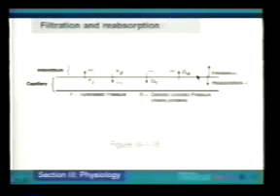On the other hand, if fluid moves from the interstitium back into the vascular compartment, that movement, of course, is reabsorption. And again, by convention, we consider this a negative directional movement of fluid.